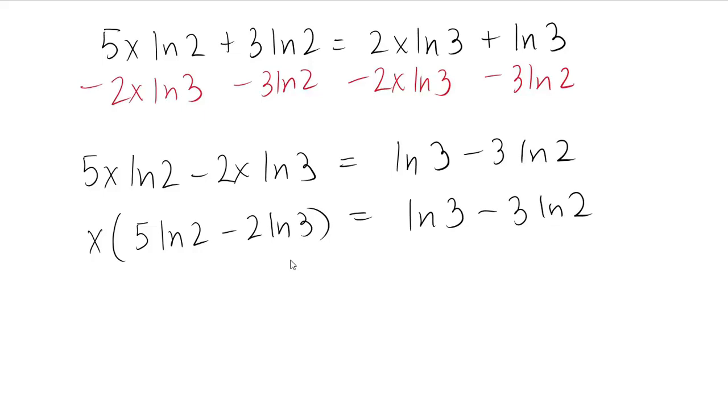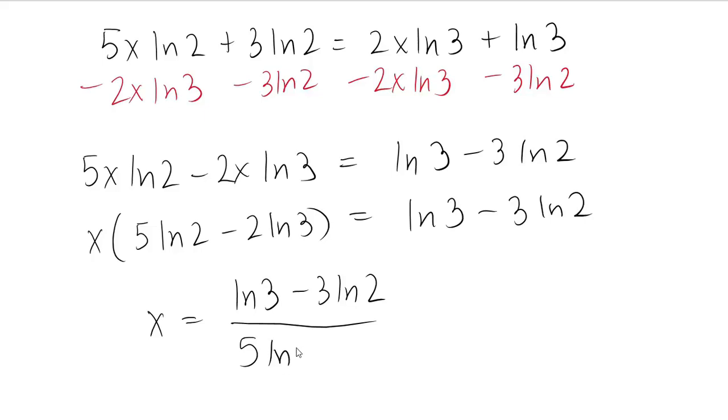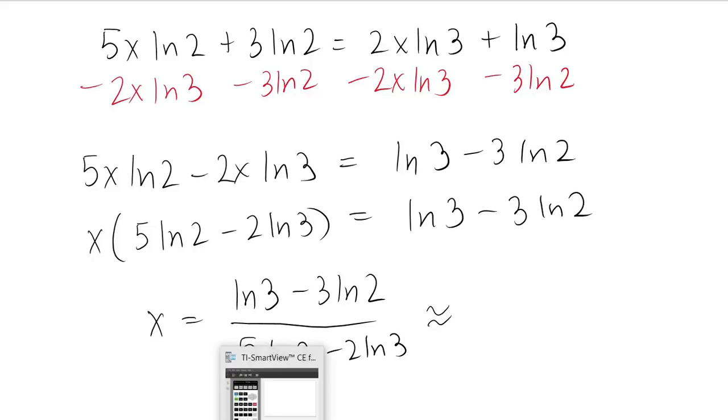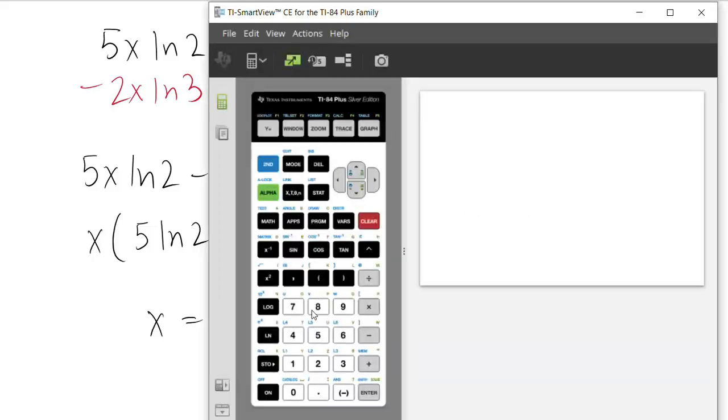Now we divide by this entire expression, and we get x equals the natural log of 3 minus 3 times the natural log of 2 over 5 times the natural log of 2 minus 2 times the natural log of 3. I'm going to put this into the calculator as is. I'm first going to find the numerator, the natural log of 3 minus 3 times the natural log of 2.